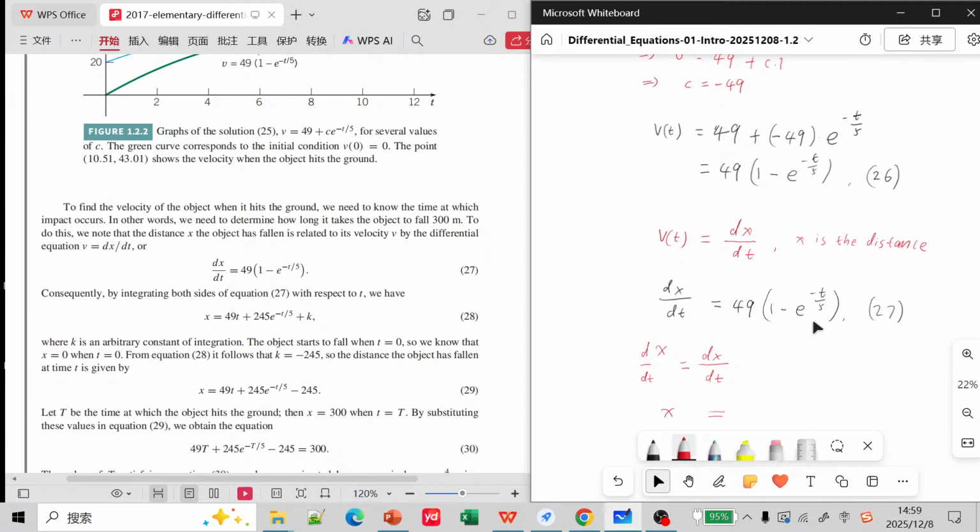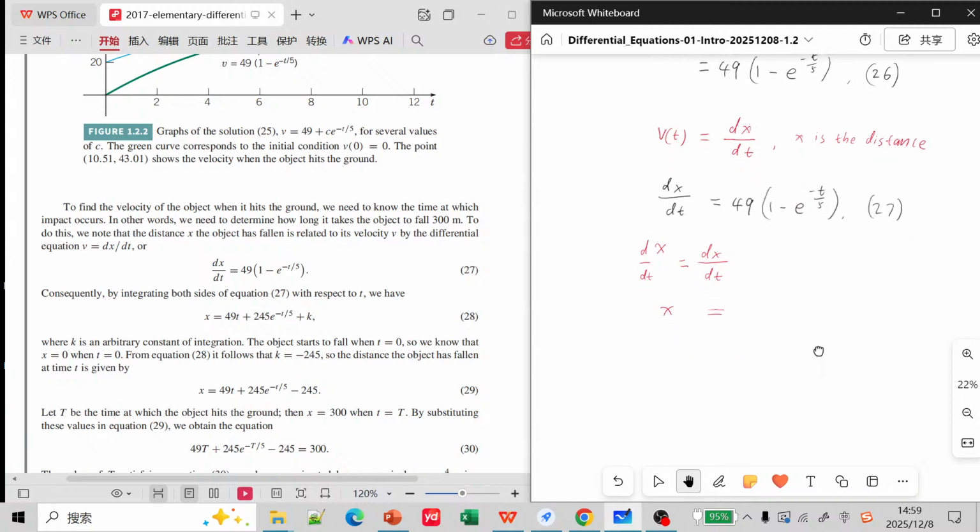And we consider the right side. What's the antiderivative of this right hand side? So maybe it's a little complicated, but what we do at first is to try to guess its result, guess some function.